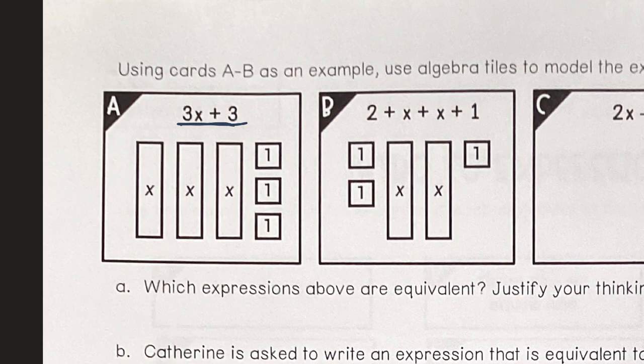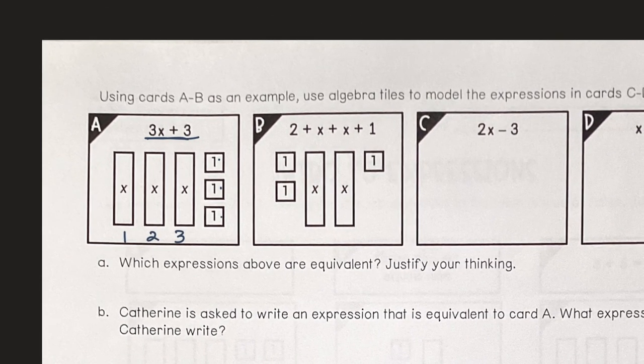So, I know that this model is modeling 3x plus 3 because I have 1, 2, 3 x's. So, that would be 3x. And then I have 1, 2, 3 1 tiles. So, all together, there are 3 x's plus my 3 tiles.